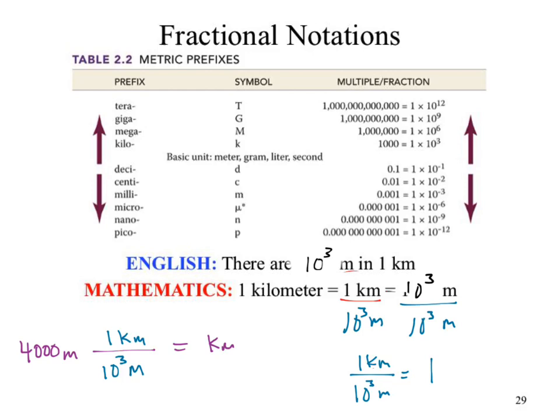What did you say the answer was? 4. Wait, using a mathematical expression and rearranging it so that it equals 1, I can then substitute 1 into virtually anything I want, and I can do a unit conversion? Yes.